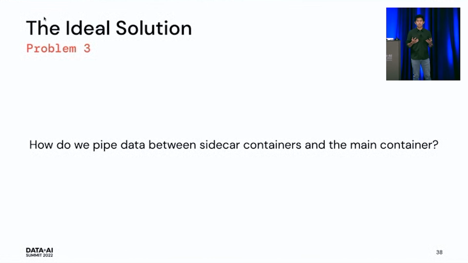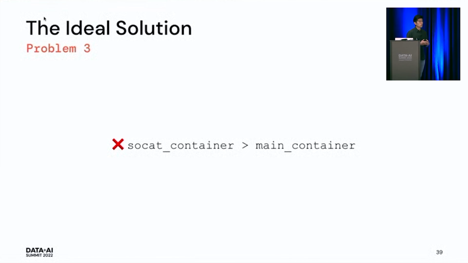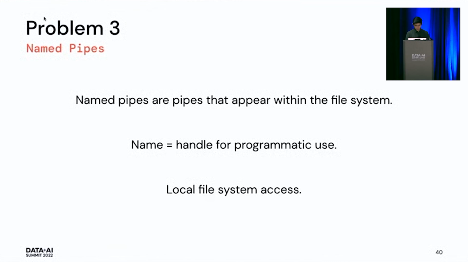And there isn't even a parent process in Kube to do this orchestration for you. So you couldn't use the Linux redirection operators and just say socat container, redirect yourself to the main container, or vice versa. So our solution to this is another tool from Linux, which is called named pipes.